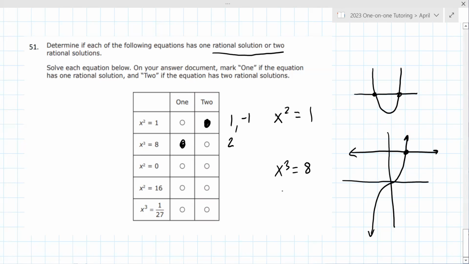What do you think about x squared equals 0? Isn't that one solution? Because only 0 squared is 0, so your graph hits in just one spot. Correct, yeah, it hits just in one spot. All right.